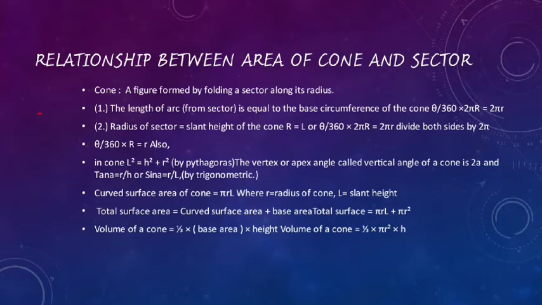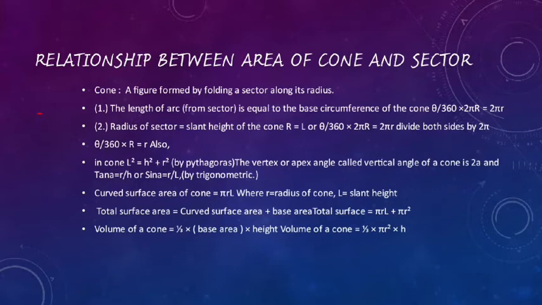Now, if you use this 2 pi to divide this 2 pi, what you'll be left with is theta over 360 times R equals r. This r is the radius of the cone when it is folded, and this R is the radius of the sector, and that is the first relationship between them.